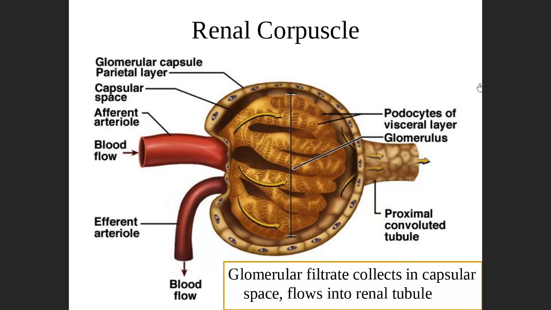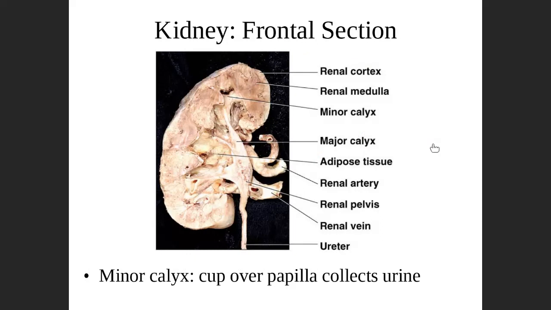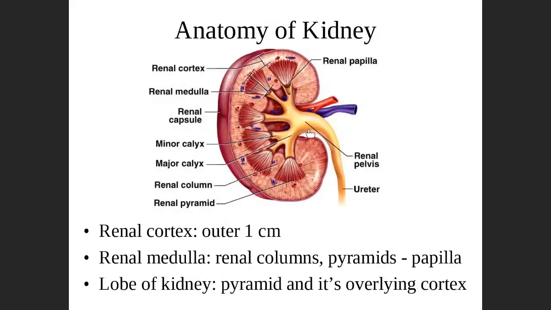The urine then flows from the collecting duct, as you can see here. All right, here. That doesn't really show you that well. Okay, here you can see. All the collecting ducts are found here in the medulla, and they dump into the renal papillae, which drain into the minor calyx.